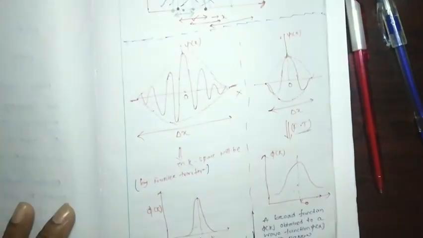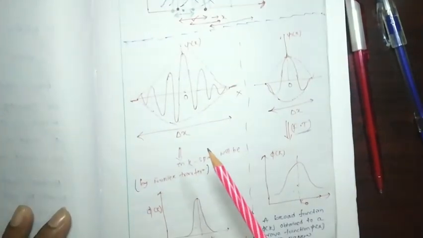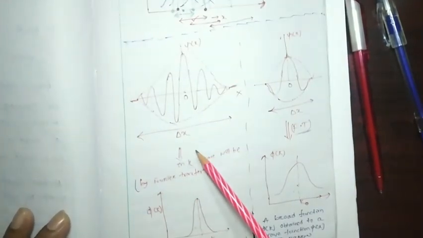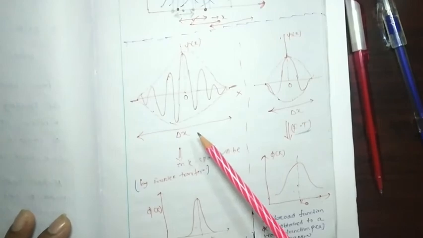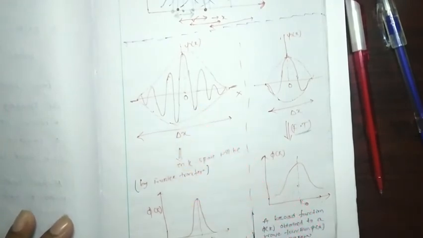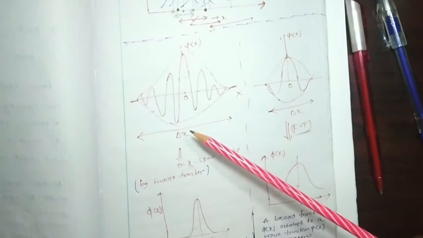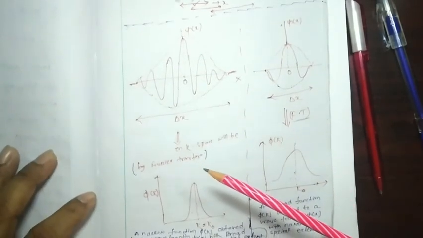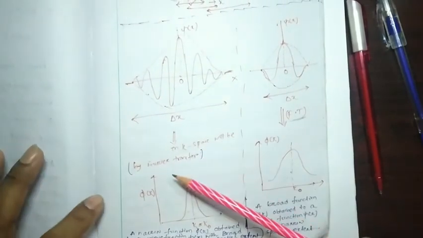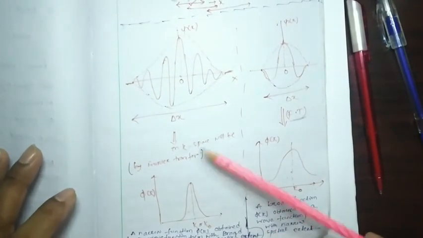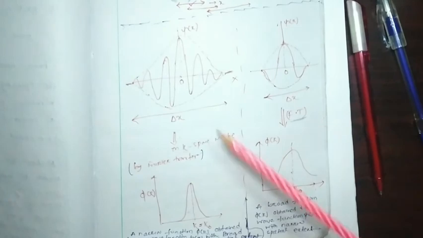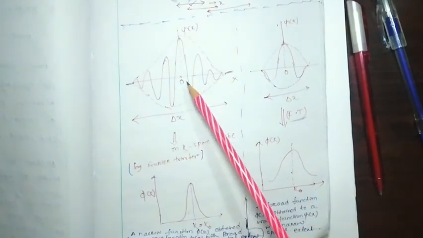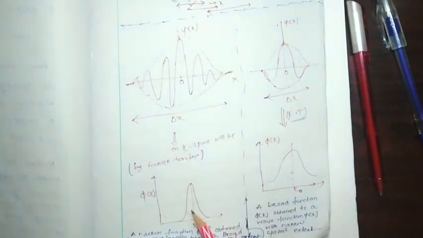Okay, so if we have to draw these things in k space, that is, if you have to transform this to the wave vector space, then the geometry will look like this.